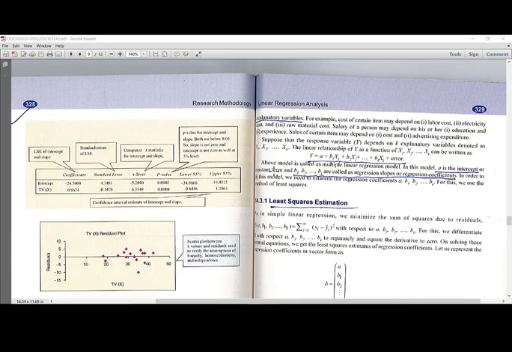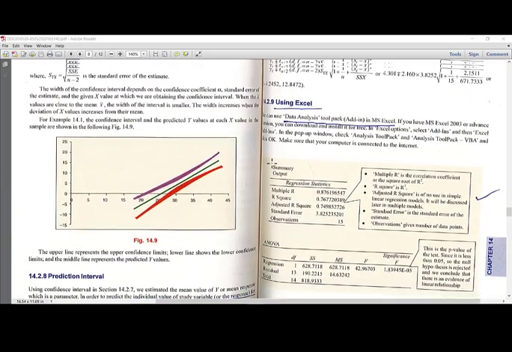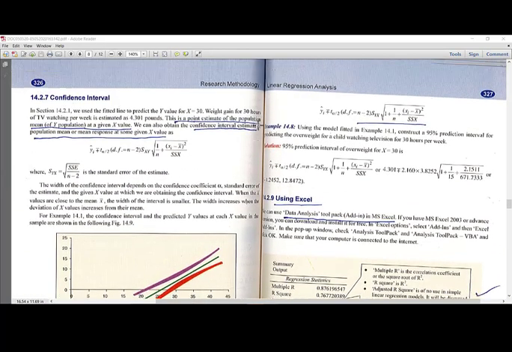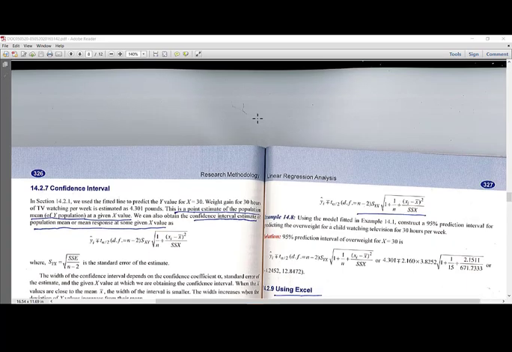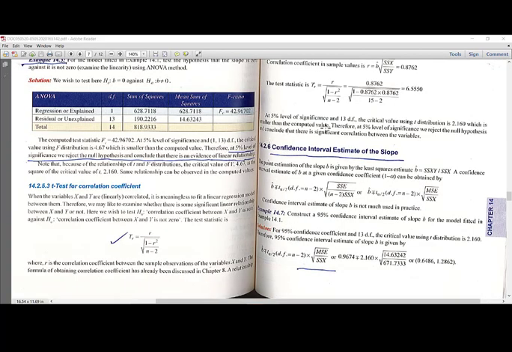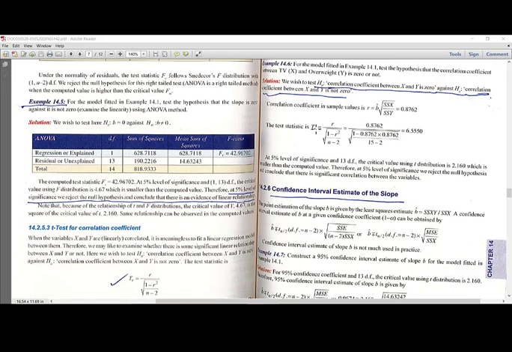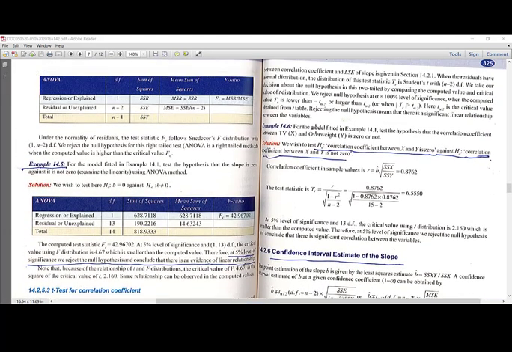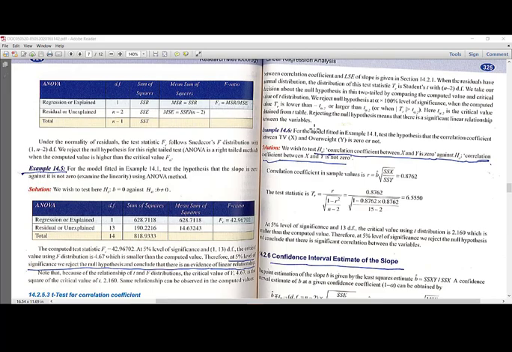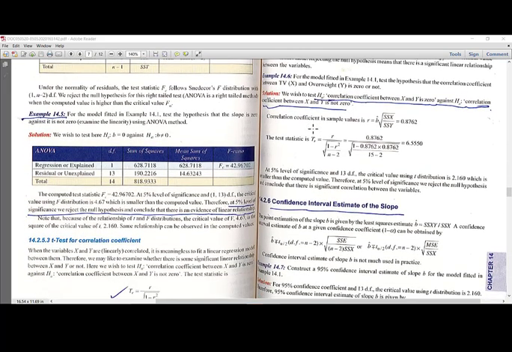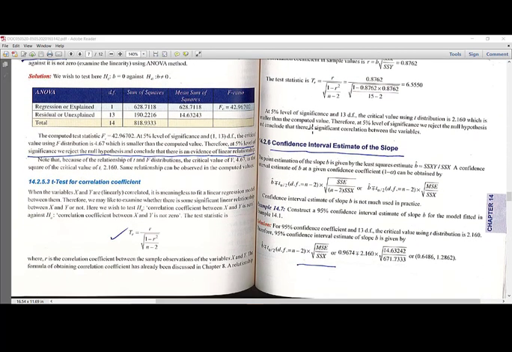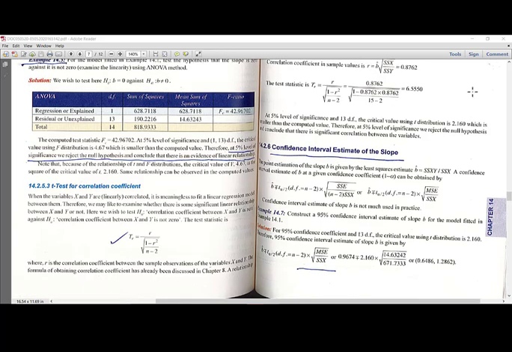I will show you in one of the previous pages. Yes, here, this is 6.5550.